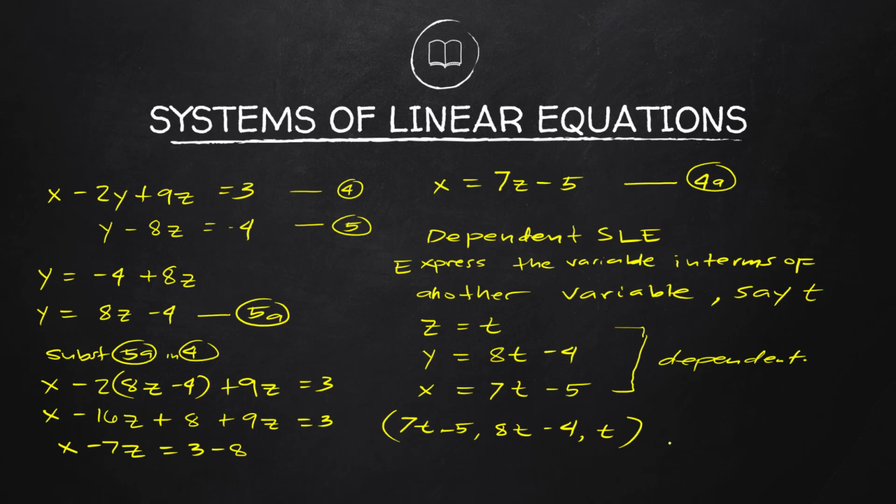So if you will try to graph these three linear equations, these are all collinear. All of the points that are present in one equation are also present in the other two equations.